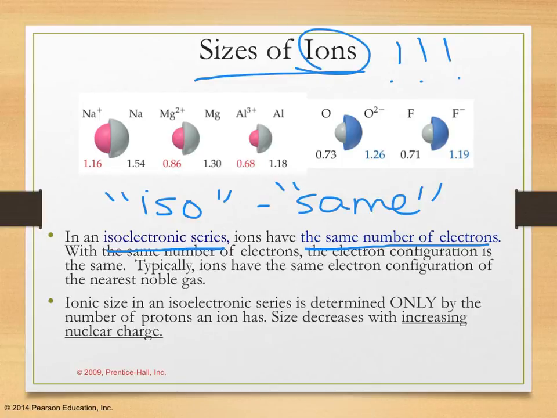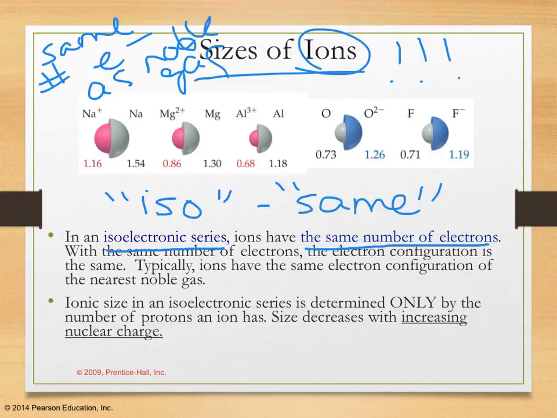Hopefully you remember this, but any ion will tend to either lose or gain electrons so that it has the same number of electrons as the nearest noble gas. And so because of that, you'll often run into what we call an isoelectronic series of ions, where you have a whole bunch of ions and they all have the same number of electrons.